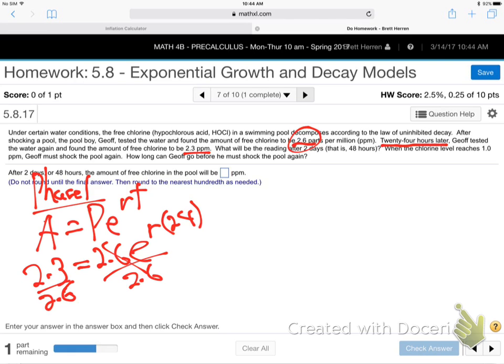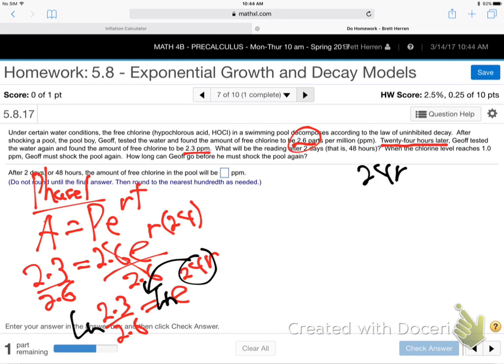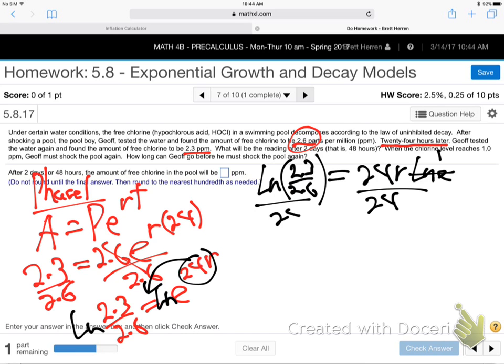When it's really ugly like that, just leave it, and just do the ln of both sides. The power drops down, so we get 24R ln E, that's just 1, equals ln of 2.3 over 2.6, divide by 24. Boom, so there's R.